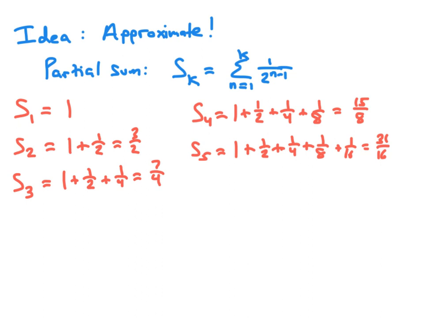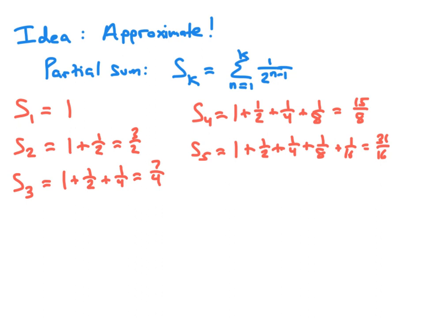If we wanted to, we could continue this process. We could compute the partial sum S sub 6 by adding the first six terms, S sub 7 by adding the first seven terms. We could compute S sub 10 by adding the first 10 terms, S sub 20 by adding the first 20 terms. We could even compute S sub 100 by adding the first 100 terms of our series together.